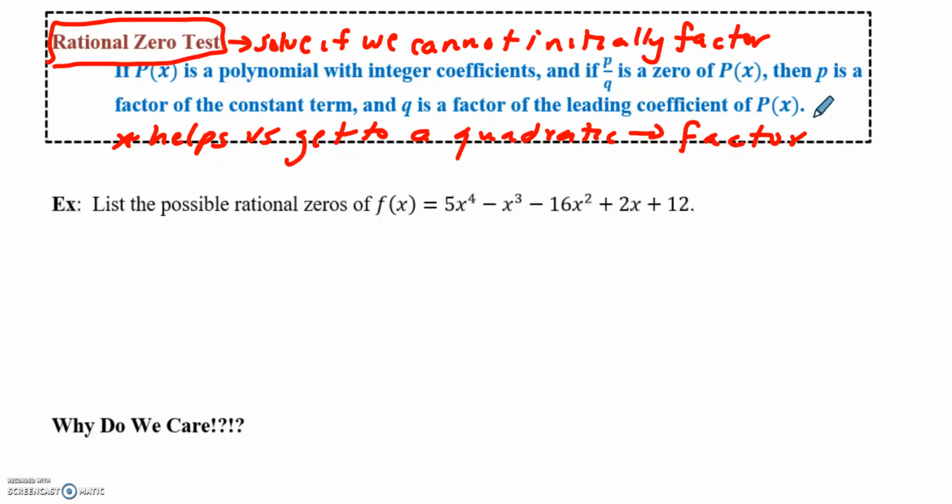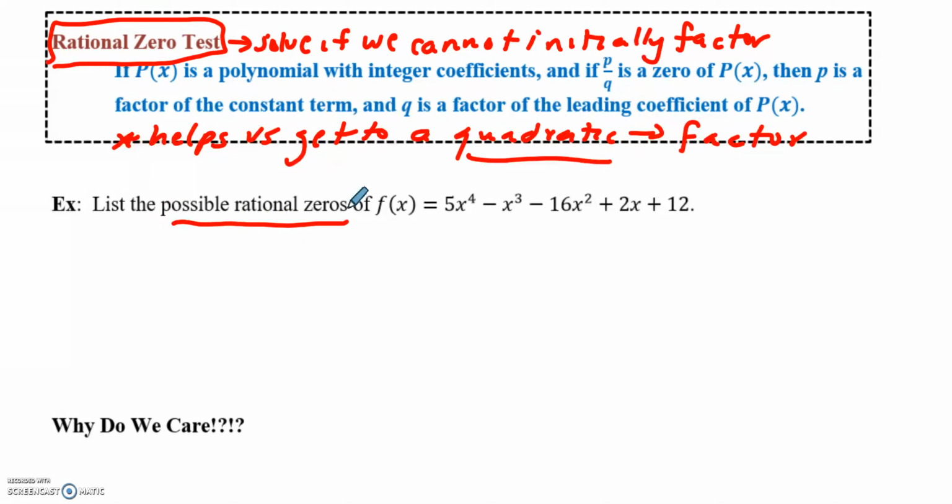So whenever you hear the rational zero test, before I explain what it is, the goal is to use it when we cannot initially factor and when we would like to get a quadratic so that we can continue to factor. And what the theorem says is, first, we would like to find all possible rational zeros.